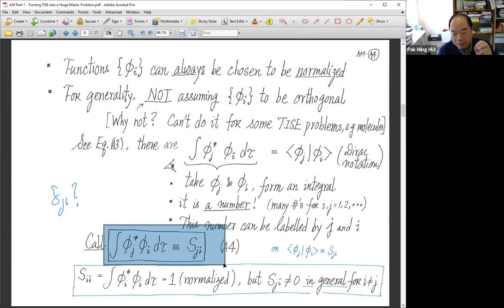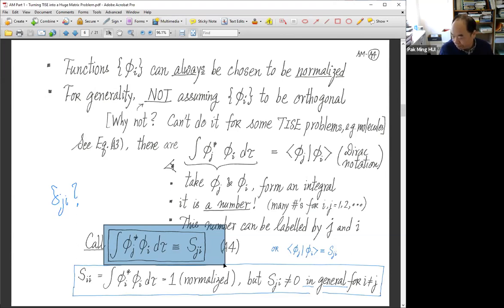If they are, then S_ji indeed will be a Kronecker delta function delta_ji. Because if they are the same, normalization means the right-hand side is 1. If they are orthogonal, this integral will give you 0.